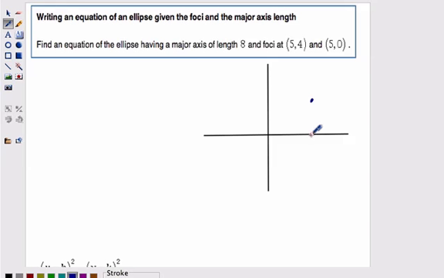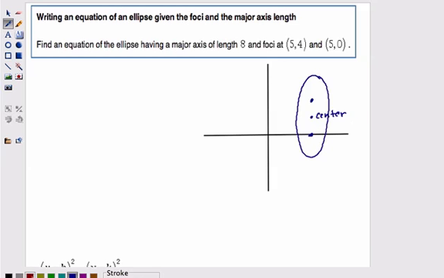And then (5, 0) would be right here. And the center would be a point right in the middle of those values. That means my major axis is going to go in the y direction because that's where we have the foci. So something like this.